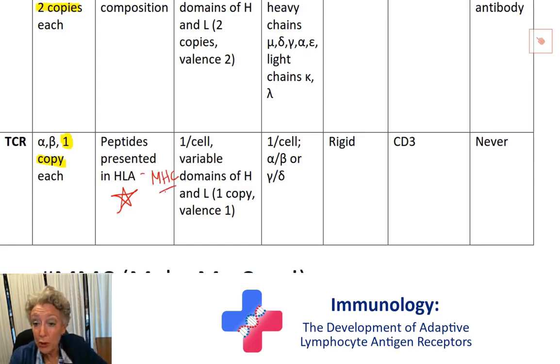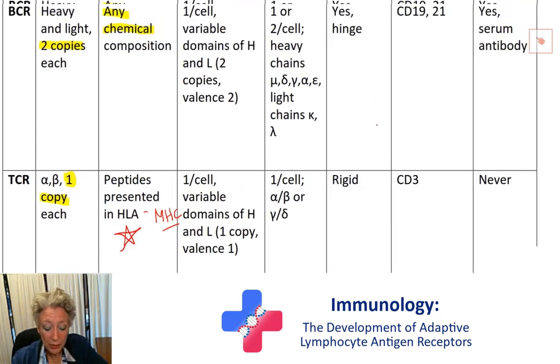HLA stands for human leukocyte antigens. MHC stands for major histocompatibility complex. Those are the same thing. It's just that we call it HLA in the human. MHC is the general term for that sequence in all creatures.